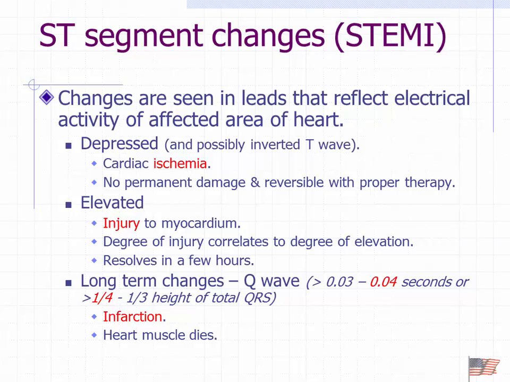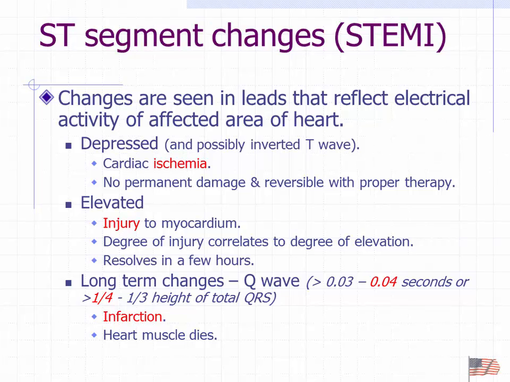It can't go, so what does it do? It turns around. When it turns around, it's going to be a negative deflection, specifically a prominent Q wave. We said under normal conditions that Q is really small or absent entirely. Not with an infarction. It's going to stay there forever.